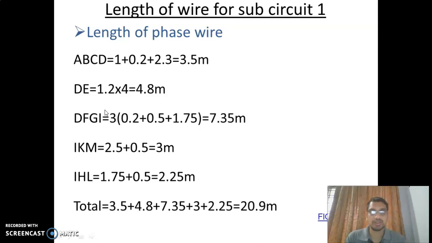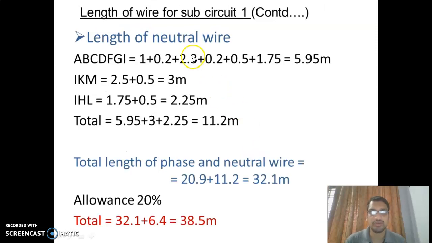The length of phase wire is 20.9 meter and the length of neutral wire is 11.2 meter, so the total length is 20.9 plus 11.2, that is 32.1 meter. We apply the allowance of 20%, then it becomes 38.5 meter. So 38.5 meter is the length of wire required for installing our sub-circuit.